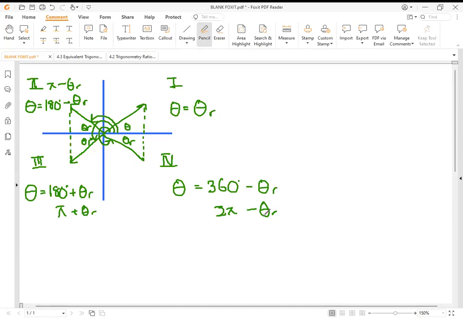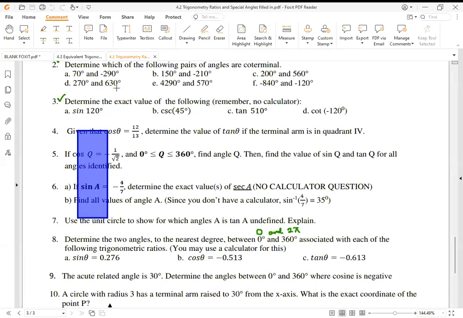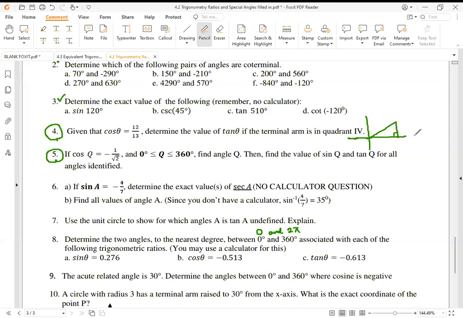Any other questions from 4.2? For those of you who haven't tried any questions yet, as a crash course preparation, please consider questions like 4 and 5, because it forces you to look at a Cartesian coordinate as a triangle-making device.